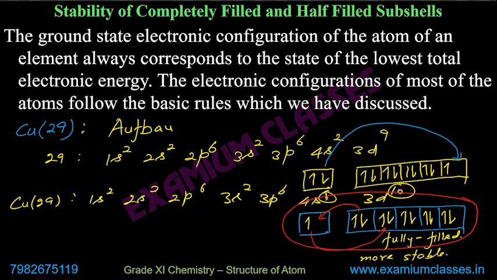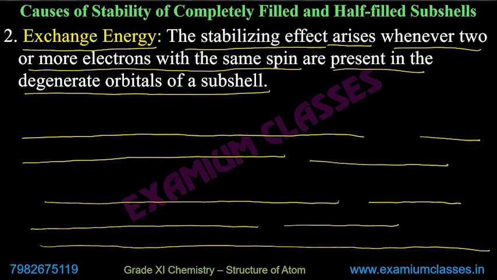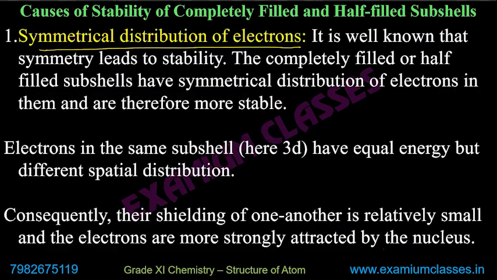The second one is that exchange of electrons leads to loss of energy and the atom becomes more stable. These 2 points in 2 lines you have to write. However, this point can be asked to elaborate. So you can elaborate that symmetry leads to stability, and then you can give an example of half-filled and fully filled orbitals. Nothing more than that. Any question here?